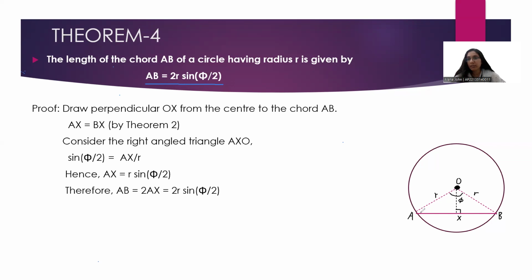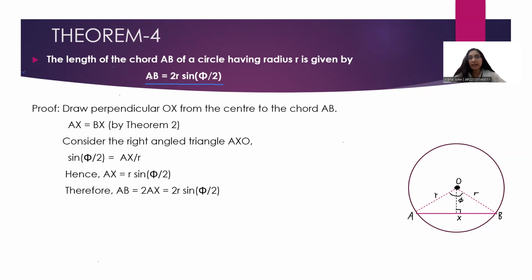The theorem says that you can calculate the length of AB if the radius R and the angle phi are known. What is this angle phi? Angle phi is the angle subtended at the center by the chord AB.